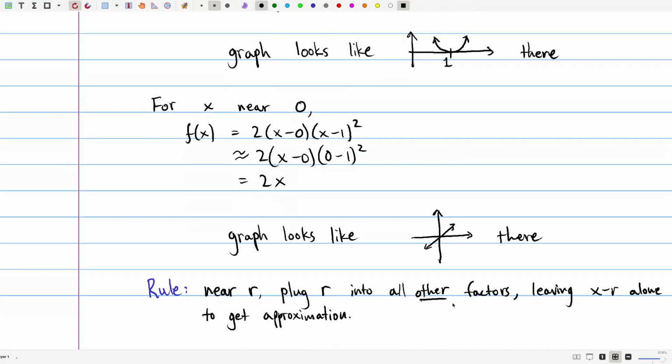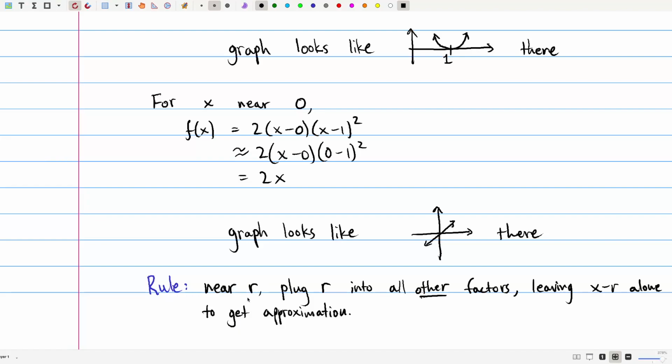So the rule, to summarize, is if we want to know what the graph looks like near a root r, we plug r into all other factors, leaving the x minus r factor alone to get an approximation of the function at that position.